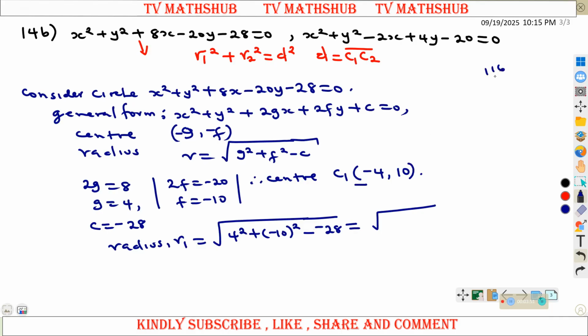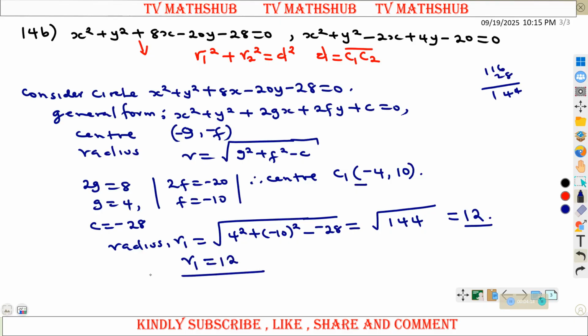So 16 plus 100 plus 28 will give us 144, and this will give us 12. So meaning that radius 1 is 12 units.